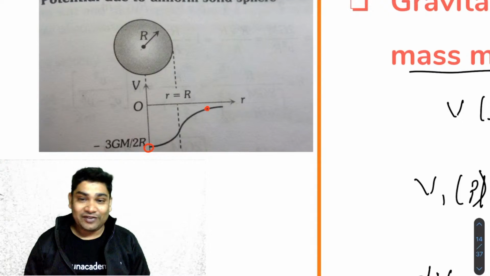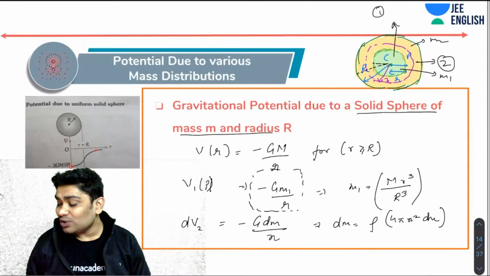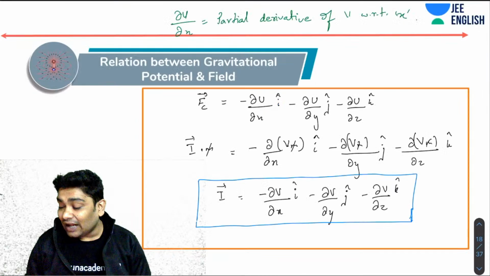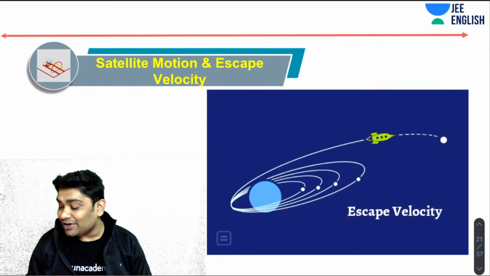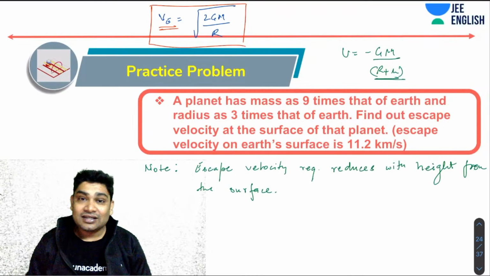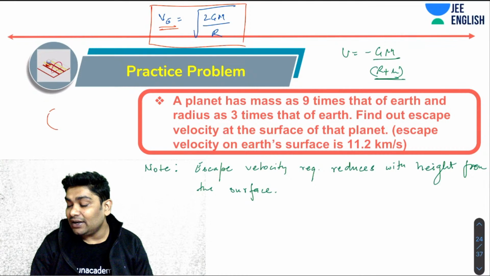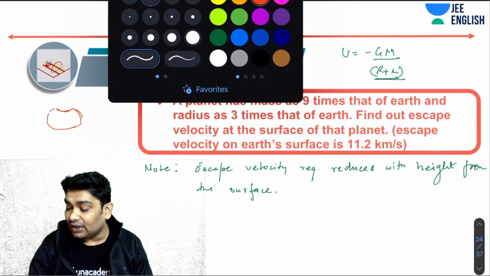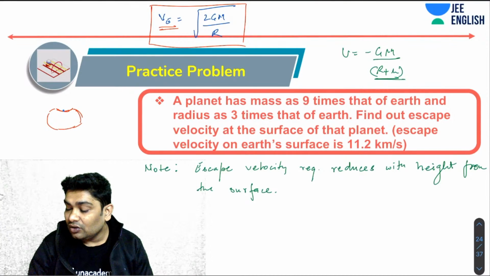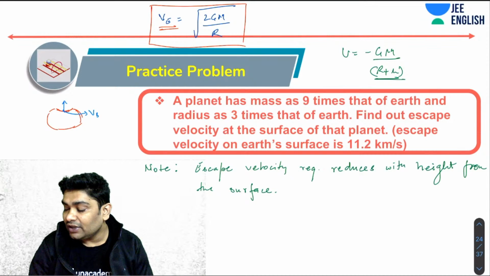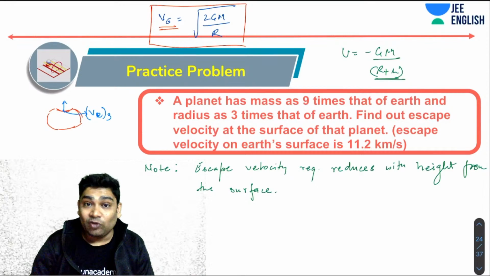Then you don't need to give it any velocity, right? So that's the entire idea. In fact, IIT JEE Advanced had asked a question on this. They had asked that if something is launched from the bottom of a crater in the moon, imagine there is a small crater in the moon, and something is launched from the bottom of the crater with the escape velocity of the surface, then what will be the maximum height?